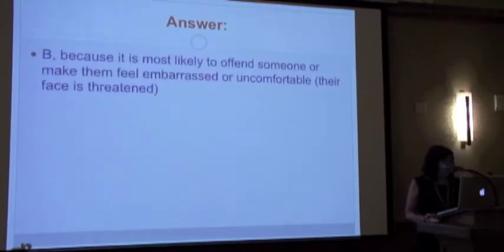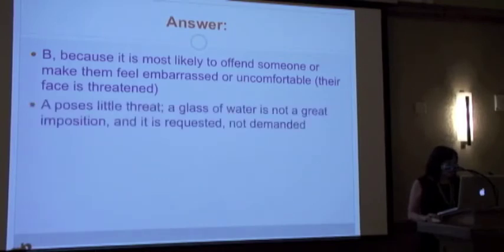B, because it's most likely to offend someone or make them feel embarrassed or uncomfortable. Even though I said it, could you please take your feet off my table? I said it in a nice way. It still would probably be face-threatening. A, the first request for a glass of water wasn't a great imposition. It was requested and not demanded.